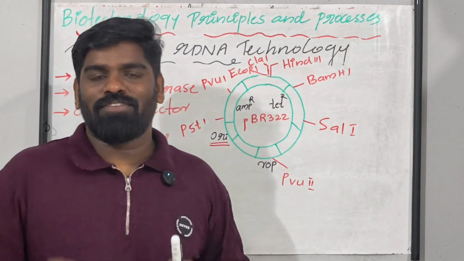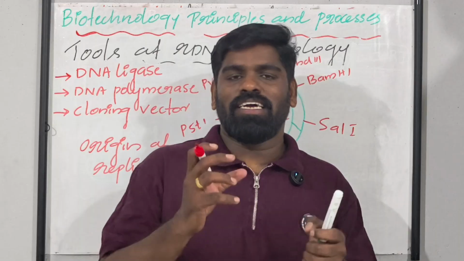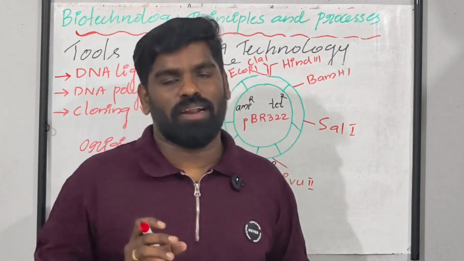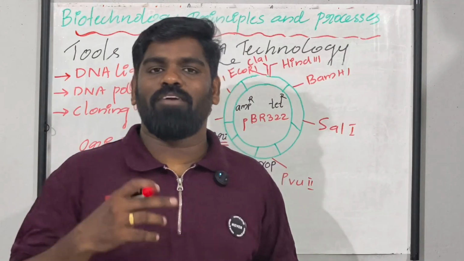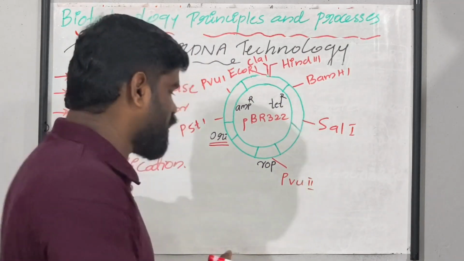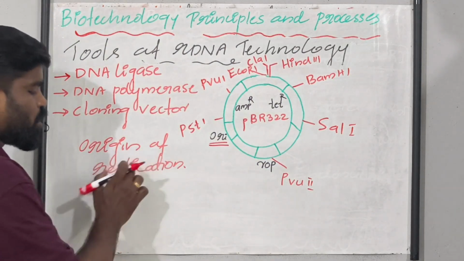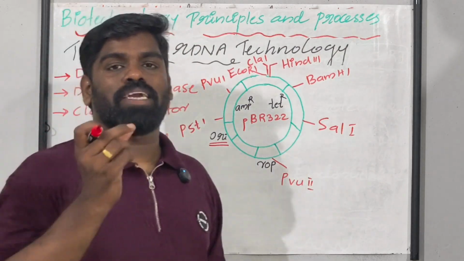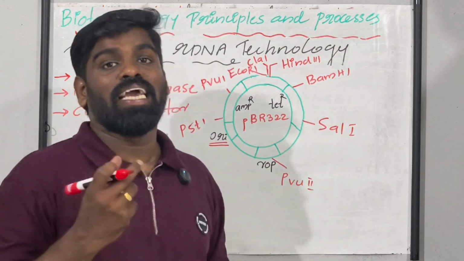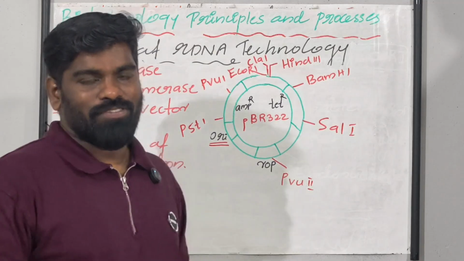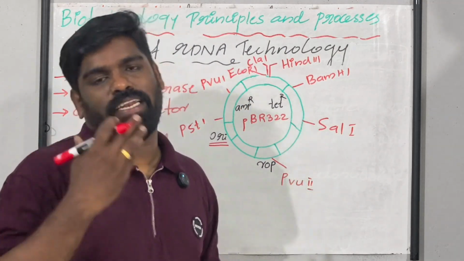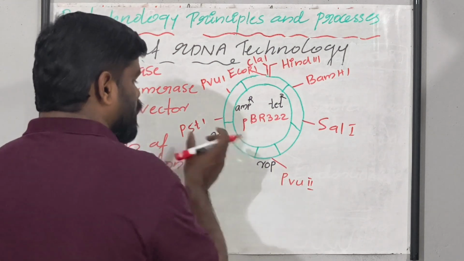Generally, each DNA has an ORI site, and it is required for the replication process. It is the region where replication starts or initiates. So the ORI site is required for initiating replication.